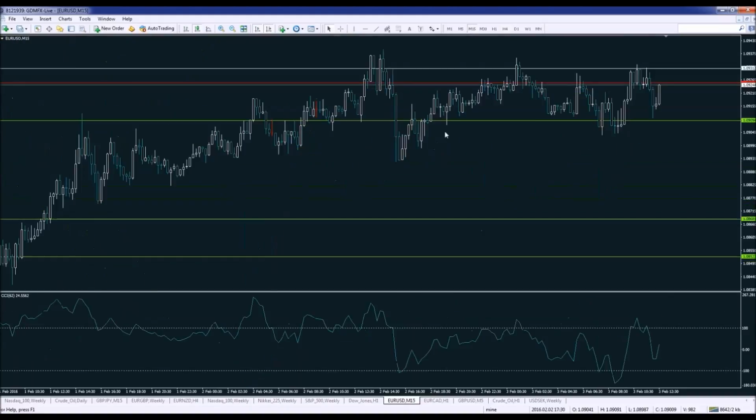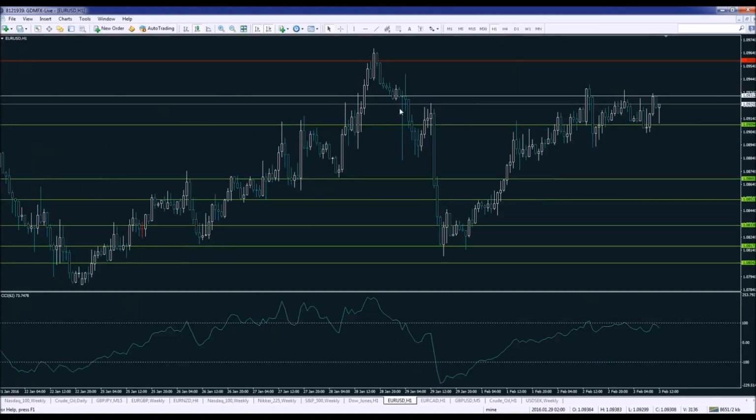And when we go down to 15, we can see that there is still something missing, and we need to go to the 1-hour chart time frame to find out that there is another cycle here that we've missed.